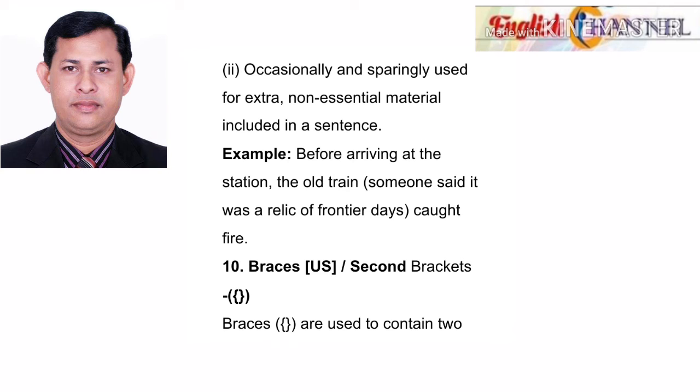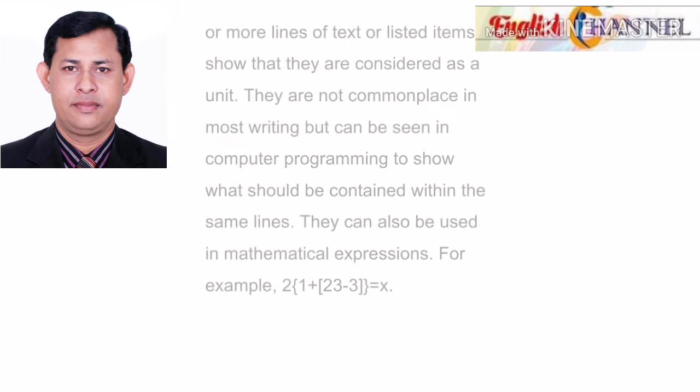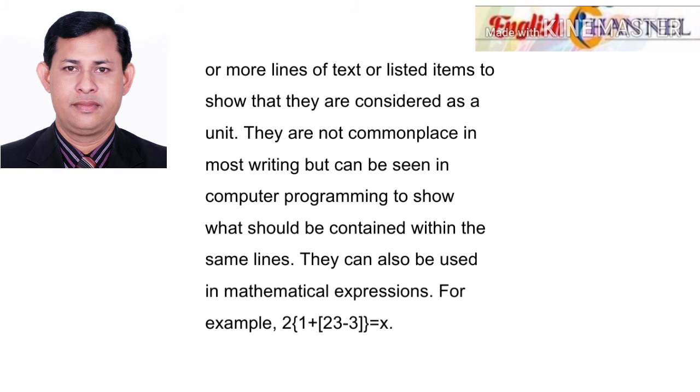Serial number 10. Braces or second brackets. Braces or second brackets are used to contain two or more lines of text or listed items to show that they are considered as a unit.